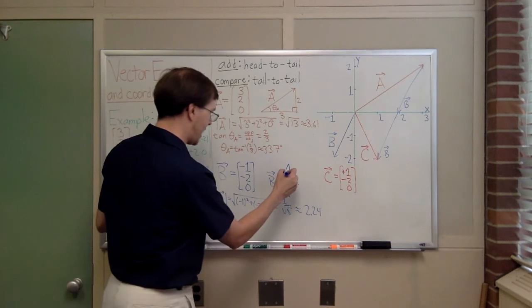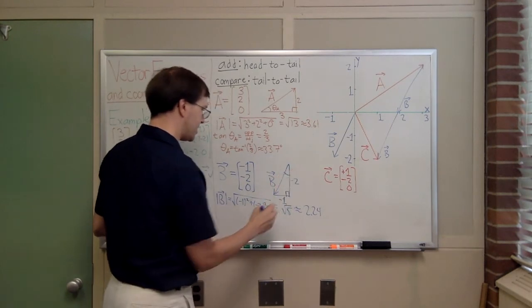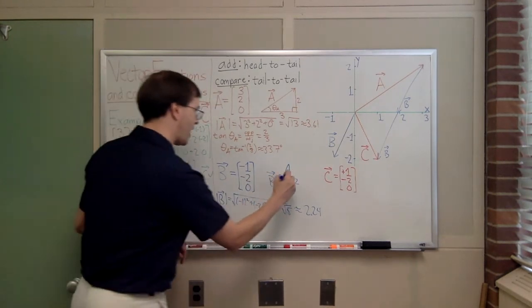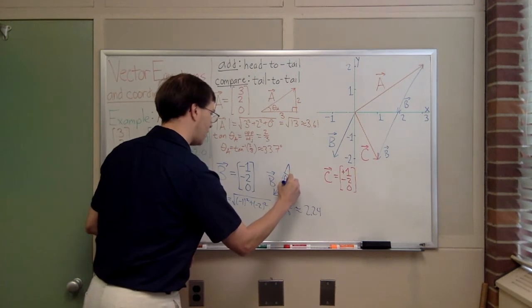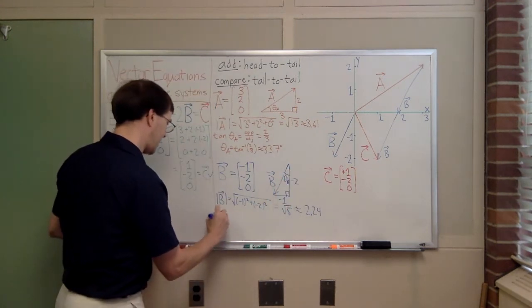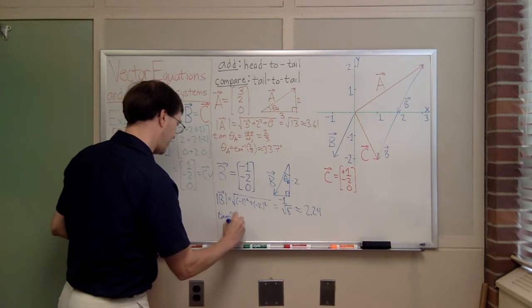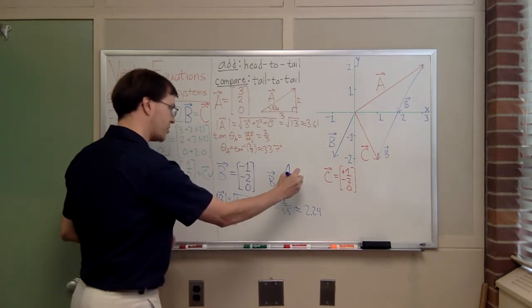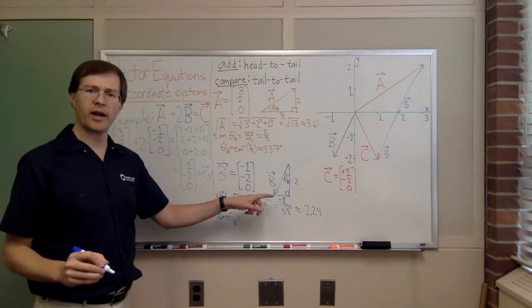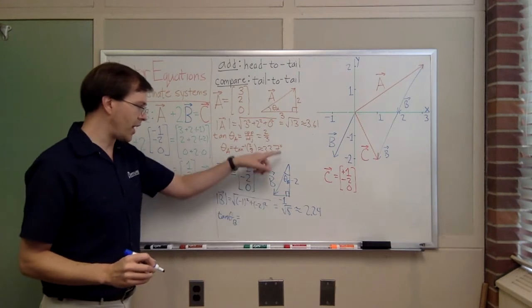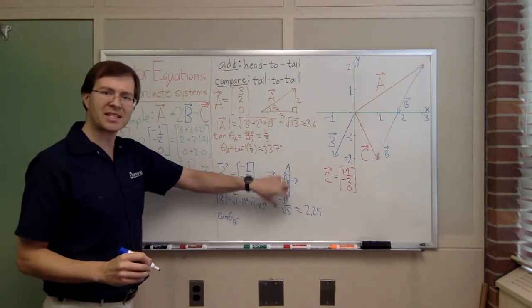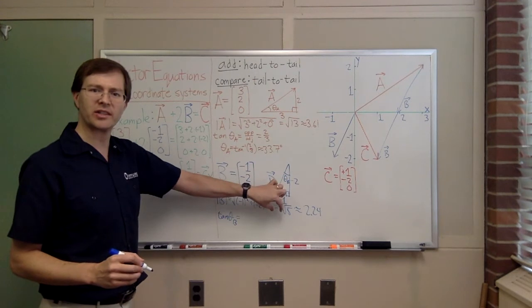And same story, which angle do I want to do today? Let me do this angle here. If I call that theta B, the angle for vector B, then the tangent of theta B is going to be opposite over adjacent. What I really want is the length of the sides, not the plus or minus for the vector component.